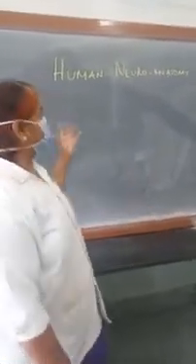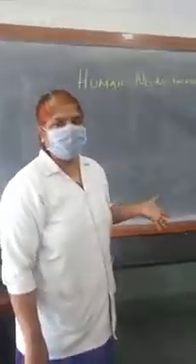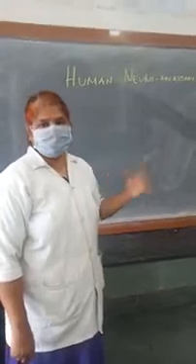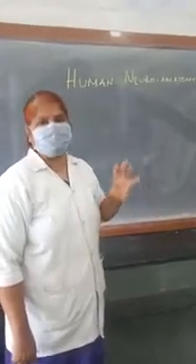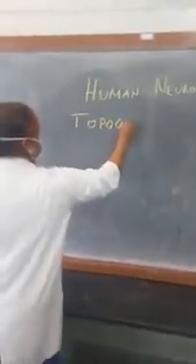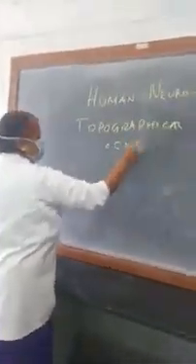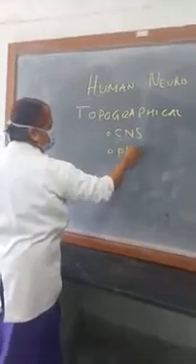Now the neuroanatomy portion is divided into two parts. One is topographical classification, one is functional classification. First we'll go to the topographical classification. Topographically it is divided into two parts: one is the central nervous system and one is the peripheral nervous system.